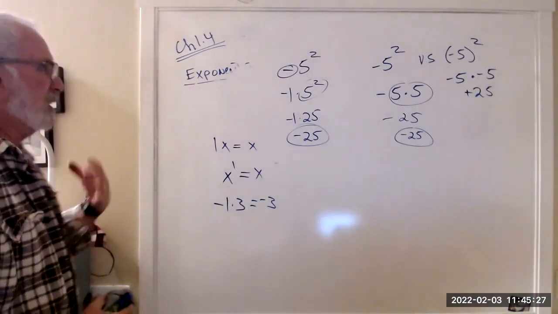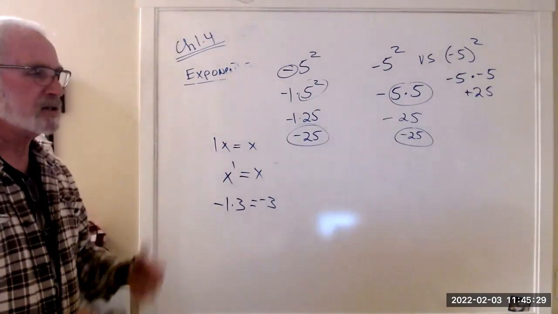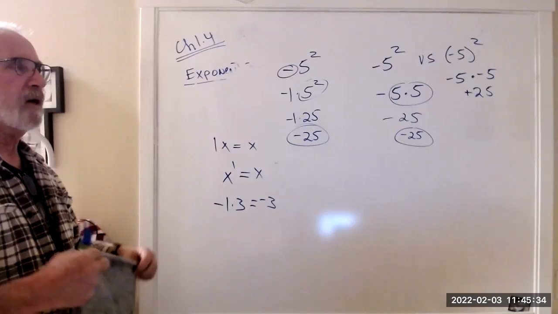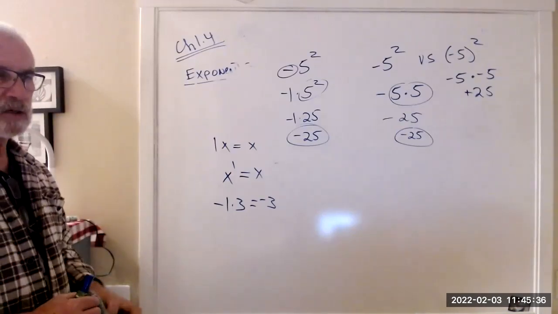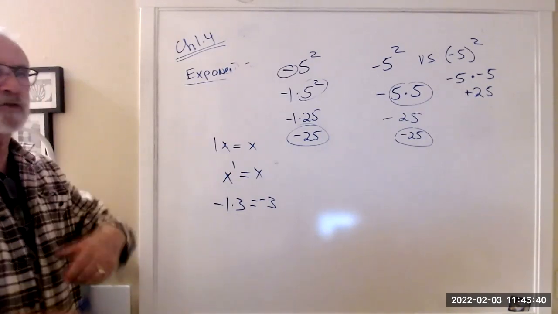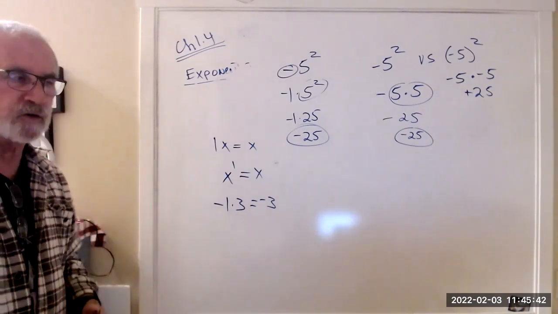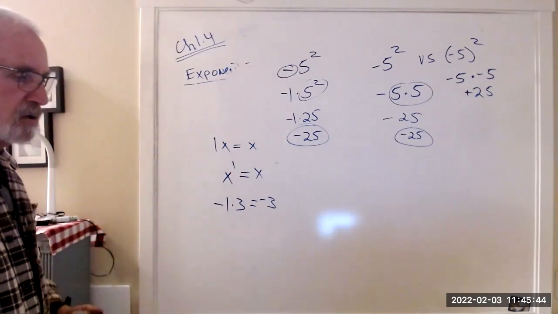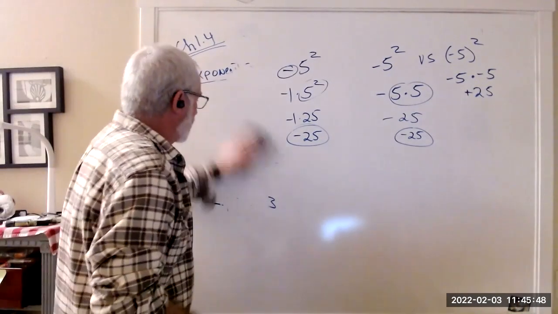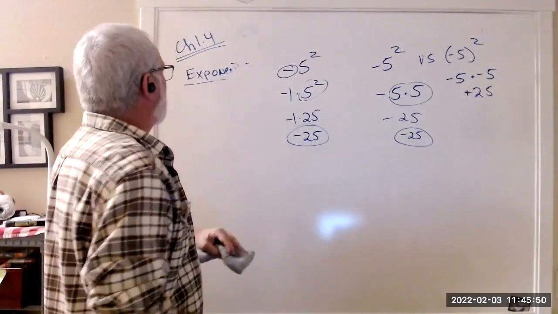Okay, and a lot of this semester is me explaining how mathematicians are just lazy. There's so much mathematicians do that we assume the whole rest of the world understands. Okay, and that ain't the case. Okay. That was exponents.